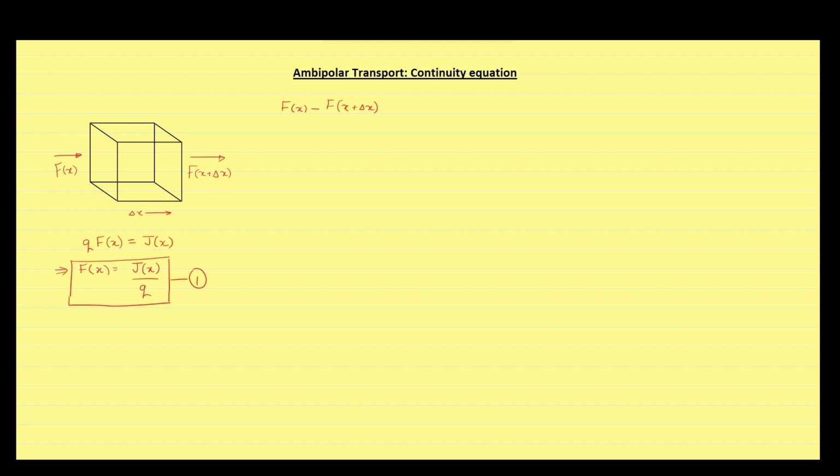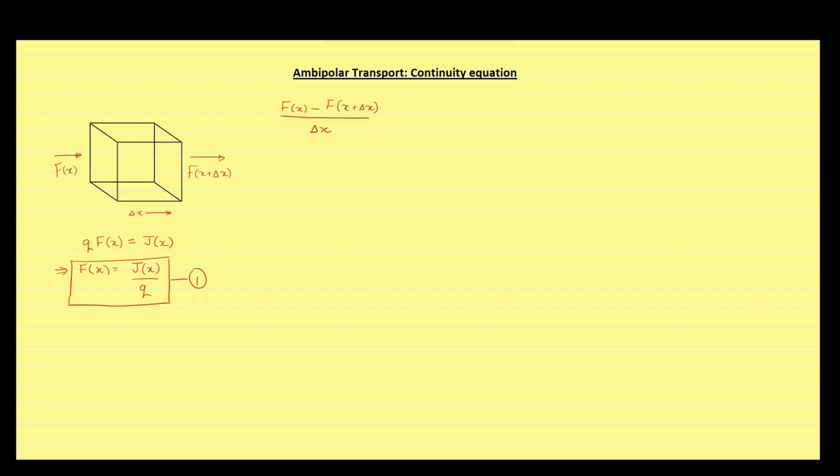If we divide it by delta x, then this represents the buildup of holes per unit volume per second, or simply the rate at which holes are building up inside this elementary cube per unit volume per second.